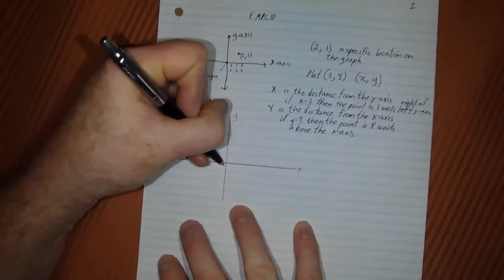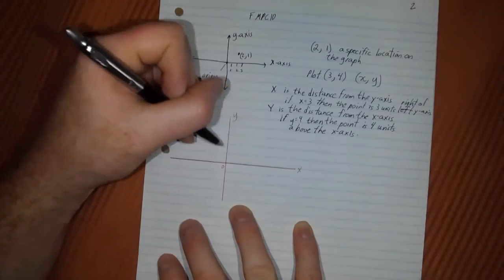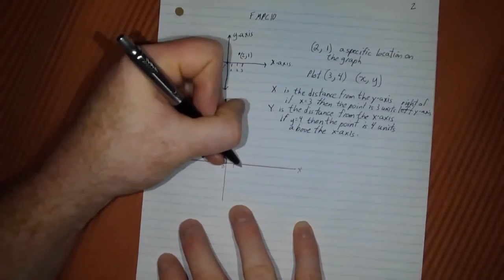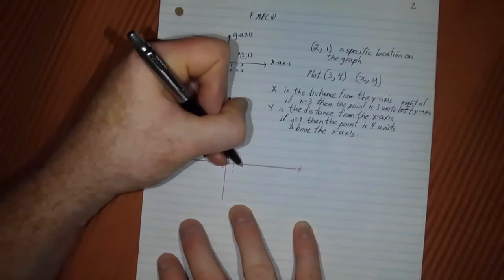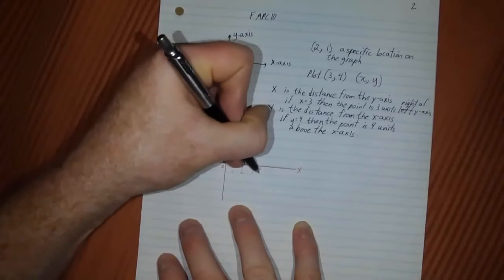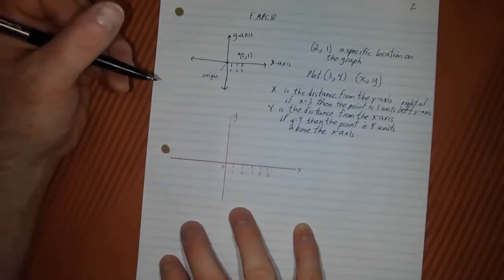The origin is always going to be 0. I'm not any left, right, up or down from the y-axis. Going this way, the numbers get positive: 1, 2, 3, 4, 5.